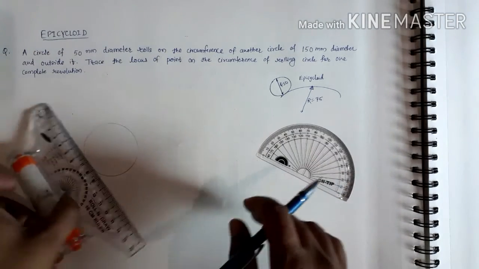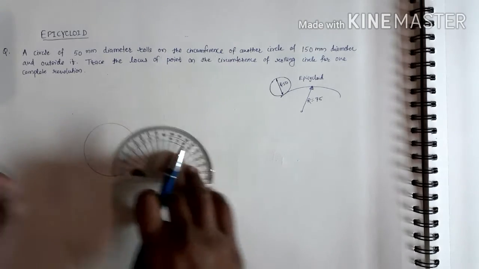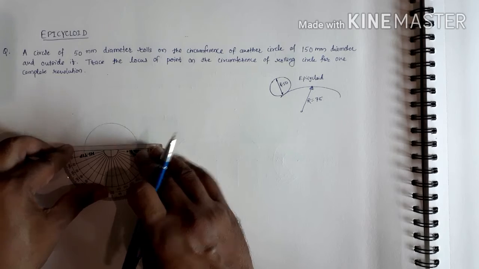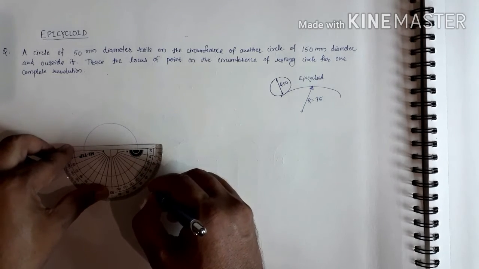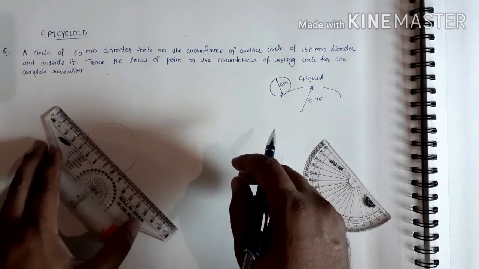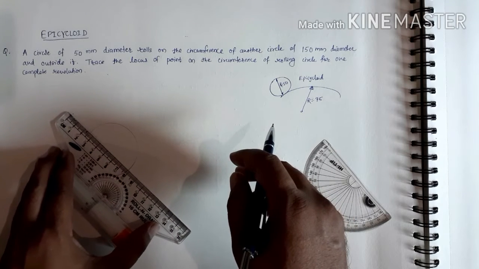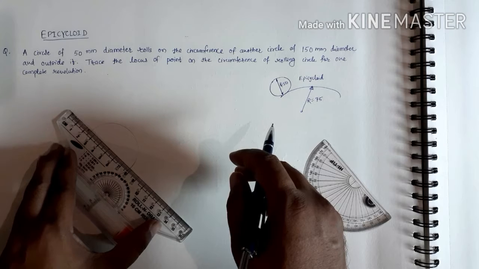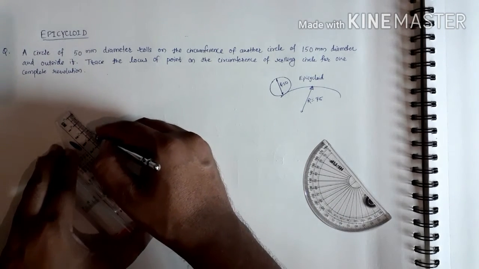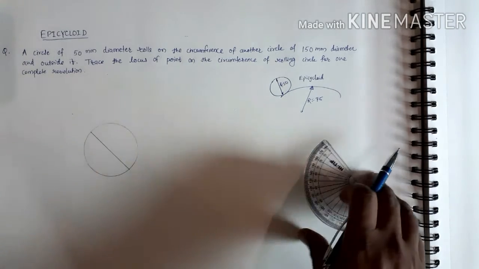Mark all the points and divide the circle. I am taking inclined points first because after drawing the epicycloid curve, you will understand why I took these points like this.